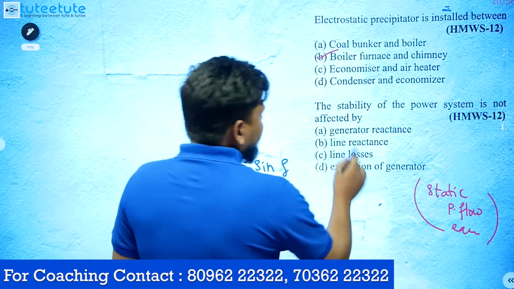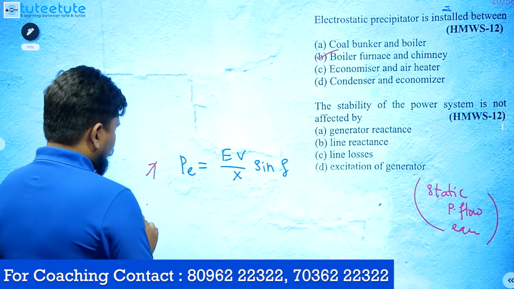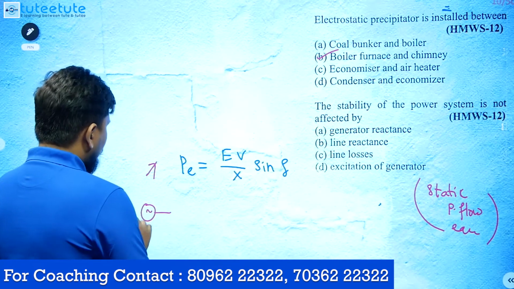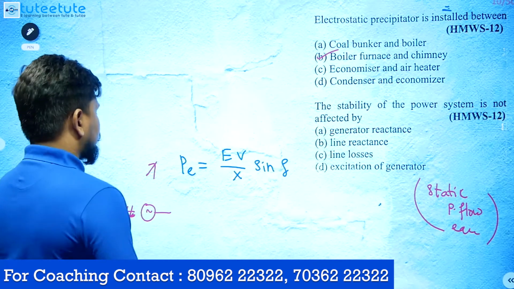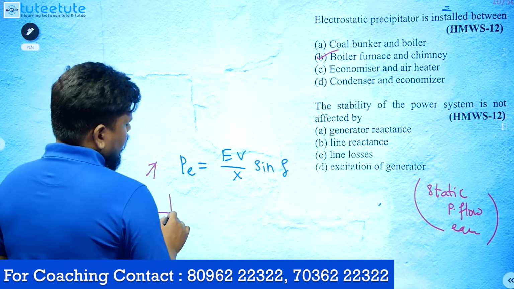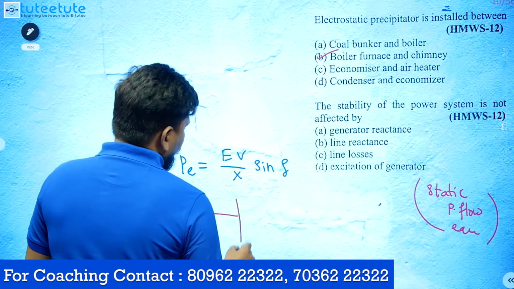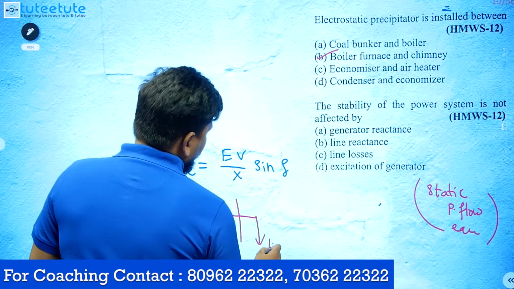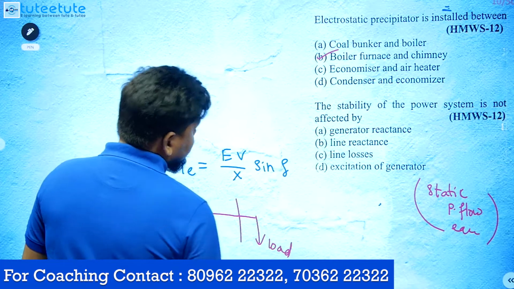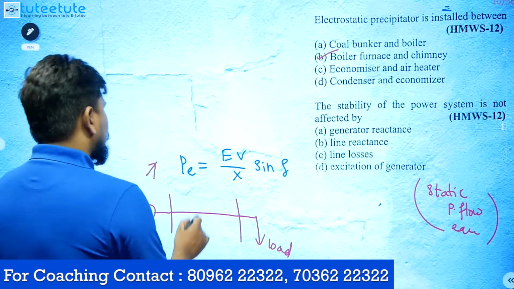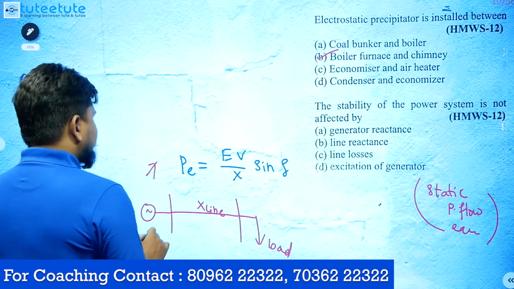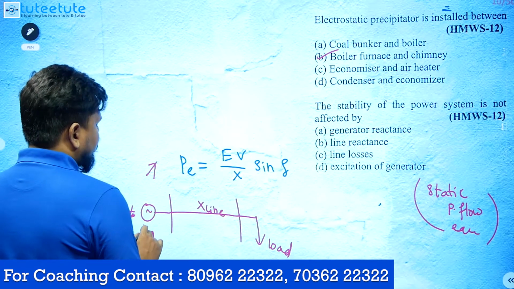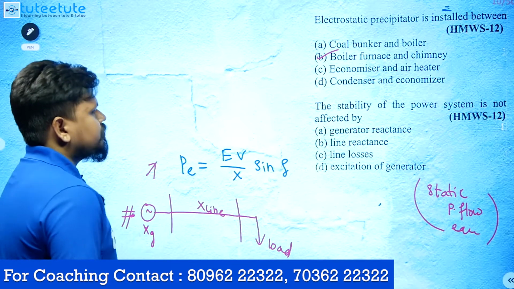So generator reactance. For example, this is the generator having some mechanical input. After the generator there will be a transmission line, and after the transmission line there will be some load. Just a simple single line diagram. The line is having a certain reactance, which I am calling X line, and the generator is also having some generator reactance, that is nothing but Xg.